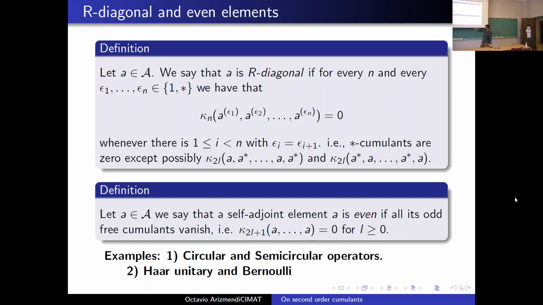Okay. And another example is the Haar unitary, which is exactly not the disk, but the circle. How do you define it? You can define it in terms of moments.